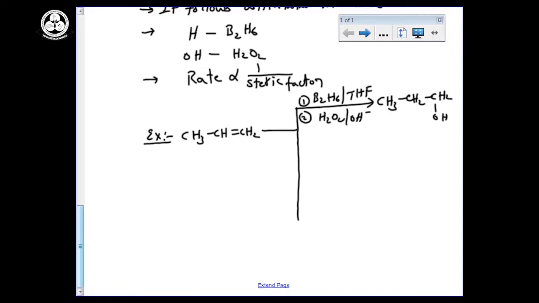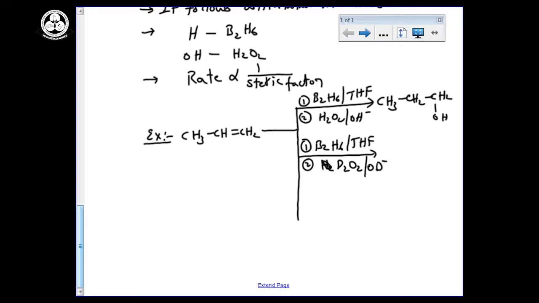For suppose, I am writing B2H6 in THF, and second one I am taking D2O2 in presence of OD minus.